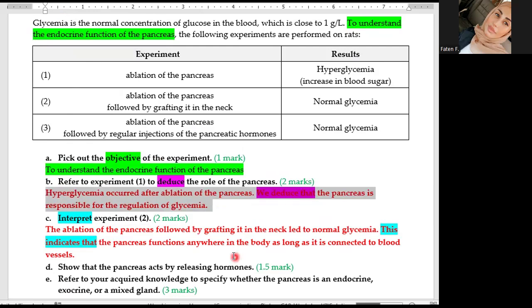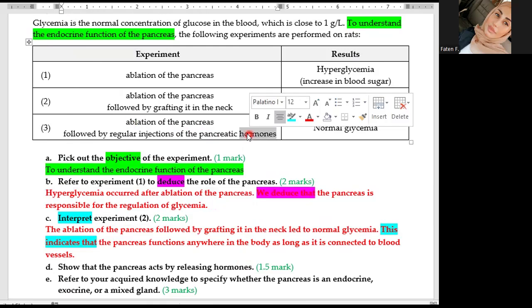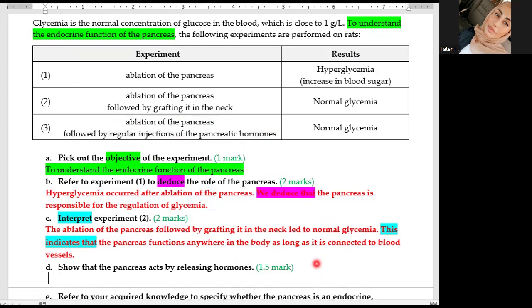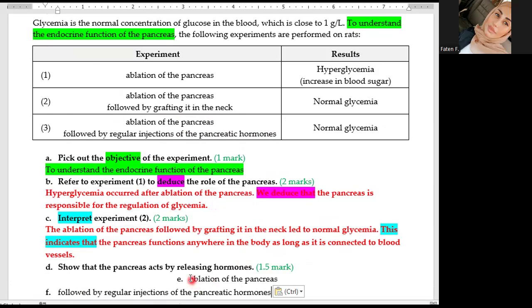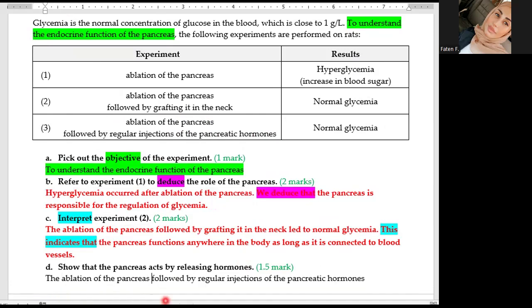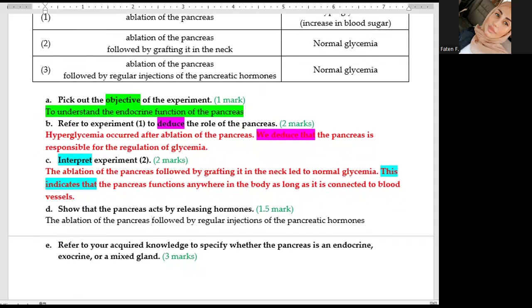Okay? Show that the pancreas acts by releasing hormones. Here is the word hormone. So we will go to experiment number 3. What did we do in experiment number 3? So we removed the pancreas, the ablation of the pancreas. Then what? We injected pancreatic hormone.